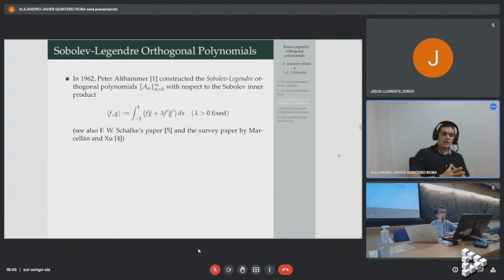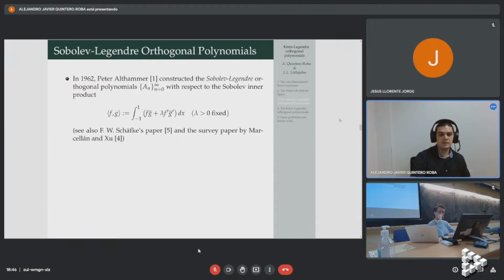Ahora, querría hablarles un poco sobre los polinomios de Sobolev-Legendre. Estos son resultados clásicos. Los polinomios de Sobolev-Legendre se pueden encontrar en un artículo de Althammer de 1962. Y el producto escalar, en este caso en el intervalo -1, 1, es el que ven en pantalla, muy similar al que nosotros obtuvimos.